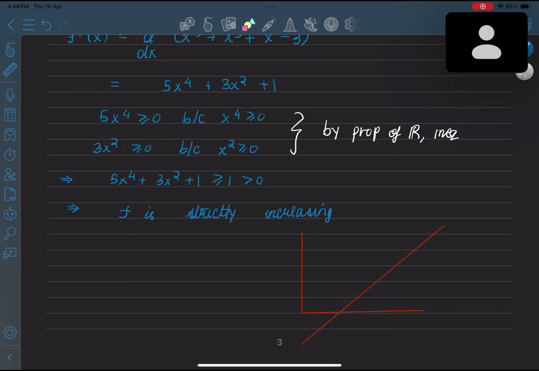It crosses the axis at x equals 1, and then it's strictly increasing. It could be a curve too, but it's always going up. And so it will never cross the x-axis again. And so you can confidently conclude that f has exactly one root at x equals 1.